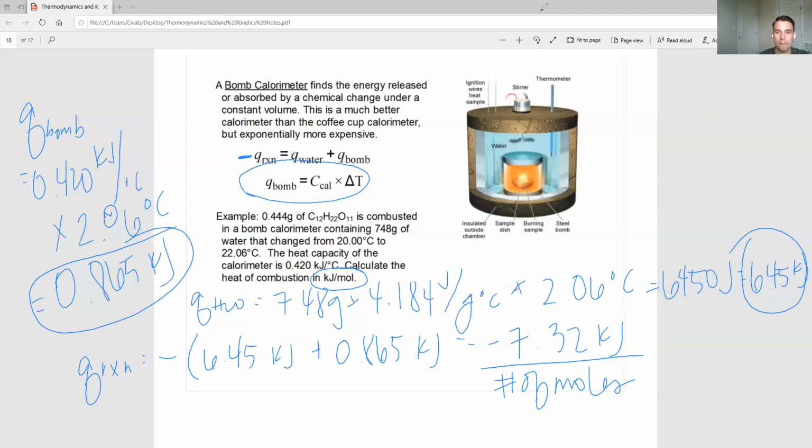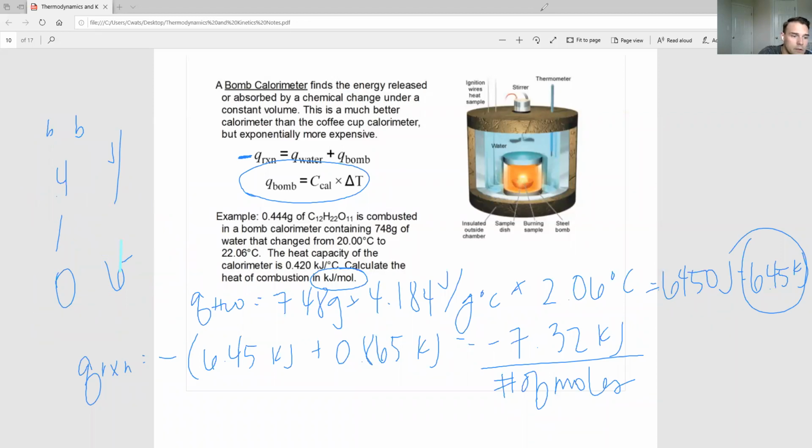So I'm going to erase a little bit of this. I'm going to erase this part over here above the bomb so I can determine the molar mass and determine how many moles that is. So I've got C12, H22, and then O11.